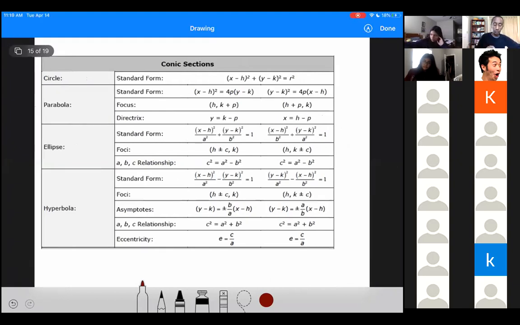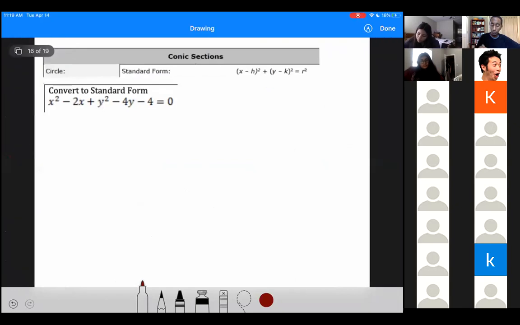So today we're just focusing on circle, that equation, which you should be familiar with, but we're just talking about how to get it in that form. Ellipses, we're going to talk about ellipses next 2 days, and then hyperbolas next week, okay? So this is the formula for a circle. And just a reminder, the H and the K is the center.